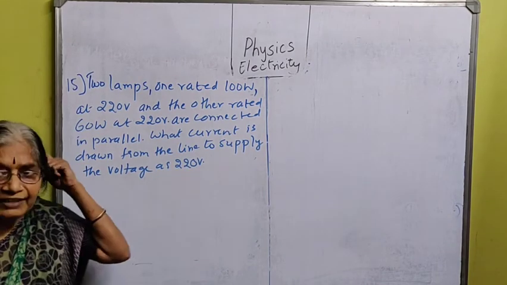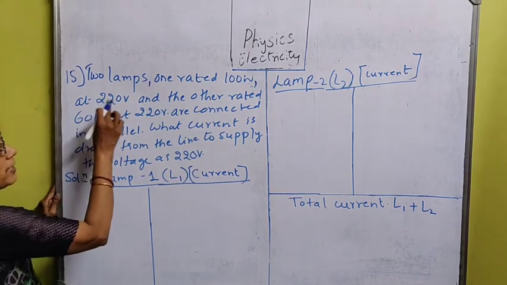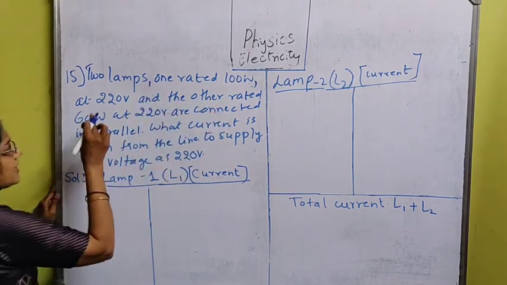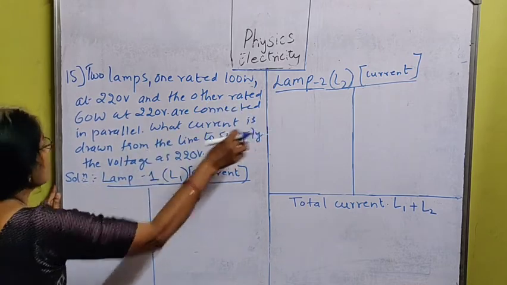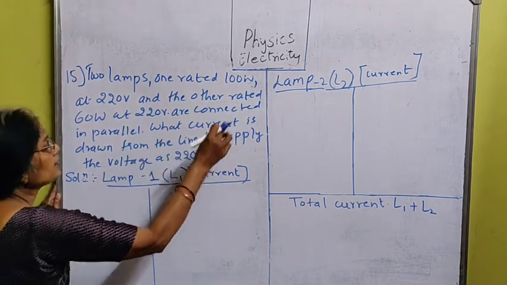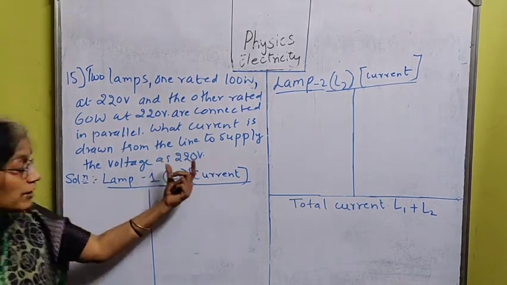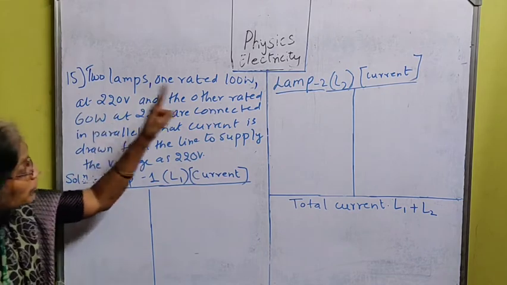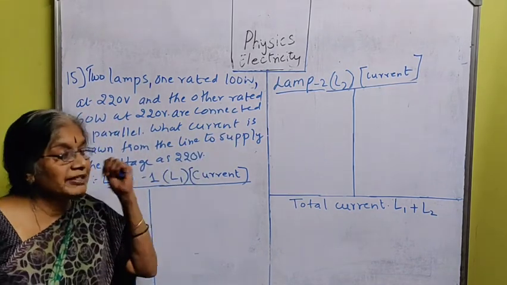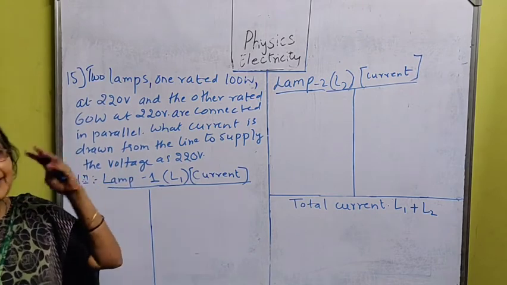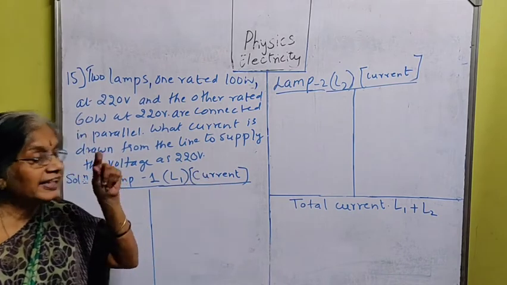Here 2 lamps, one rated 100 watt at 220 volt and the other rated 60 watt at 220 volt, are connected in parallel. If both the bulbs are working, what should the total current supplied from lamp 1 and lamp 2 be? So we have to find out the current.